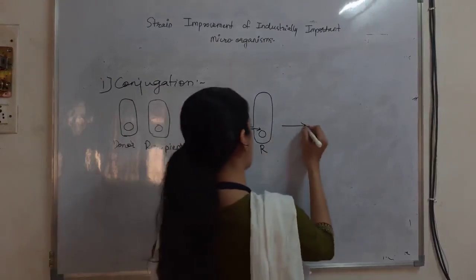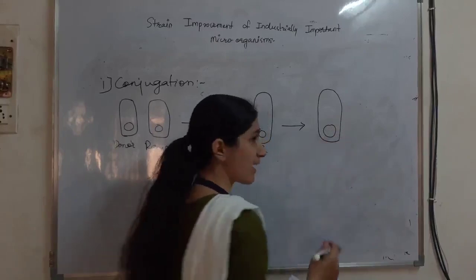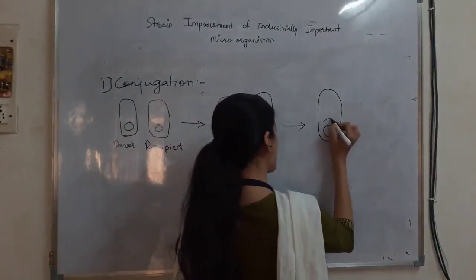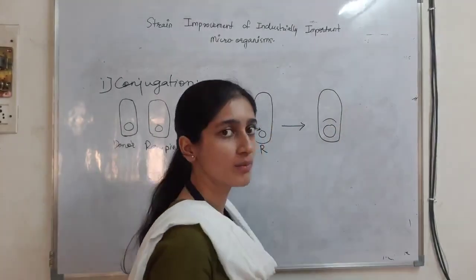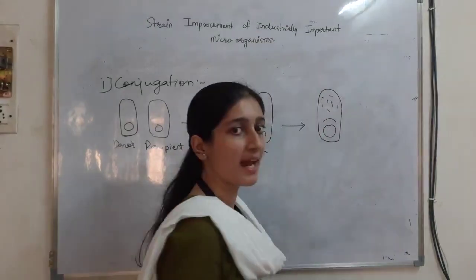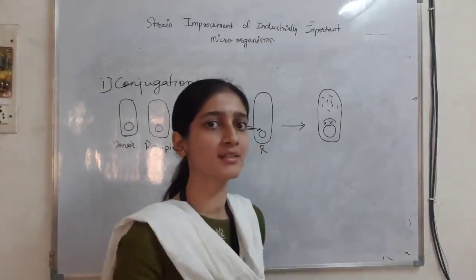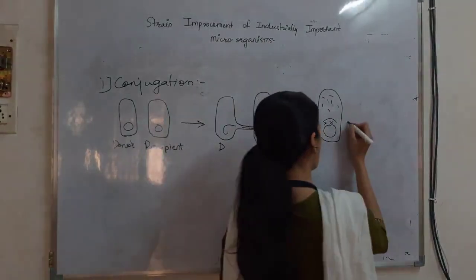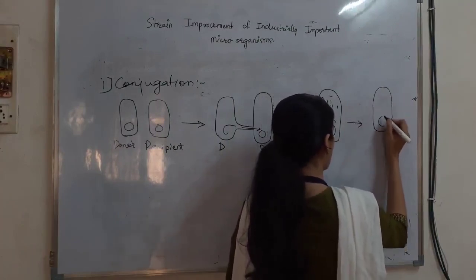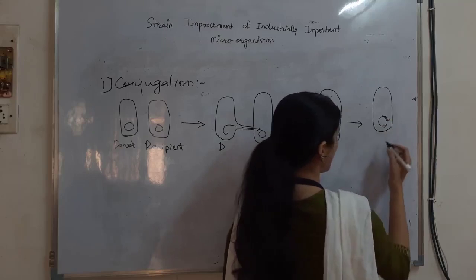Now, what happens is the bacterium has its own chromosome, and with it, the transferred DNA, the transferred chromosome, some part of it might be cleaved by enzymes and some part of it might form a crossover with the chromosome present in the bacterium, and will be introduced into the bacterial chromosome.